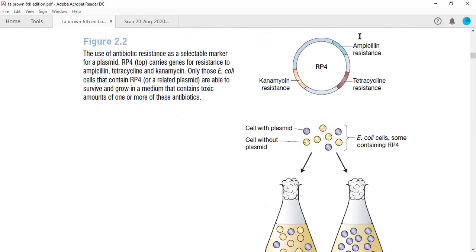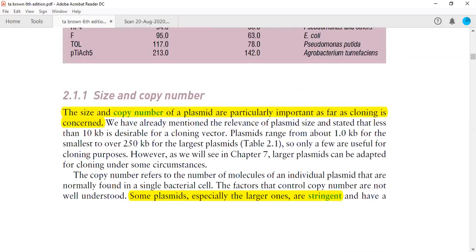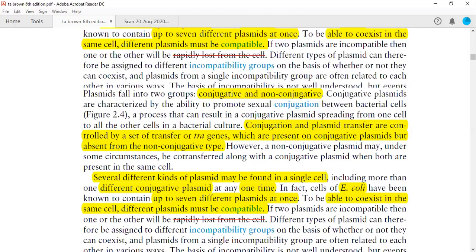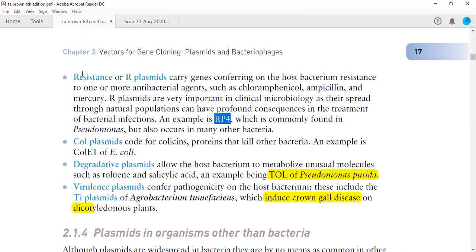So it has 3 genes, ampicillin, tetracycline, and kanamycin resistance, ATK. Okay, so this is an example of an R plasmid or resistance plasmid, carrying genes conferring on the host bacterium resistance to one or more antibacterial agents. Host bacterium means the bacterium in which this particular plasmid is present.